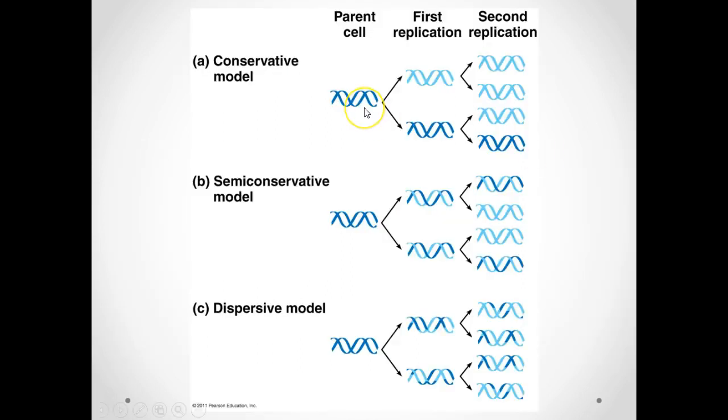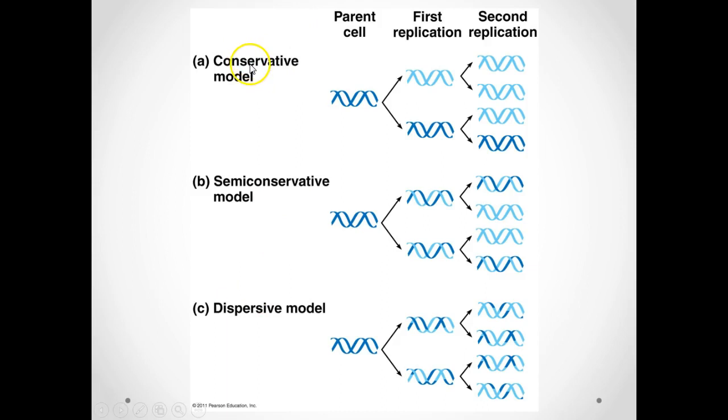Here's another way to look at it. So early on, there was believed to have been a conservative model or a conservative approach to DNA replication. Then they thought about this kind of semi-conservative model. They also thought about a dispersive model. Now, these three are ways, almost like theories, ways in which people over the years have described or tried to describe the way in which DNA is replicated.